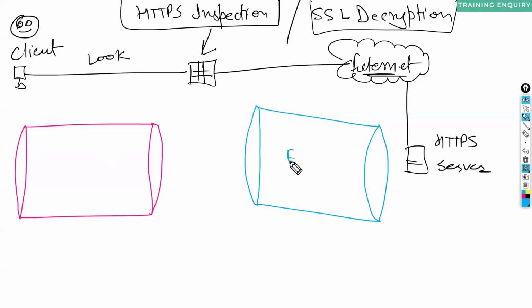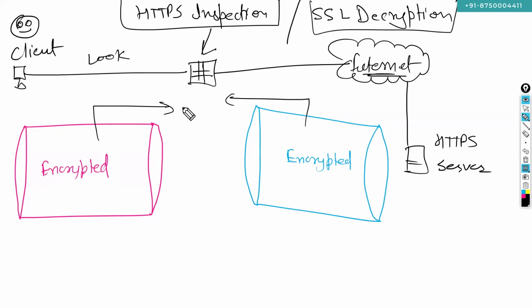When we have data in the tunnel, at that time data will be encrypted. But when we have data at the firewall, we have data in plain text format.